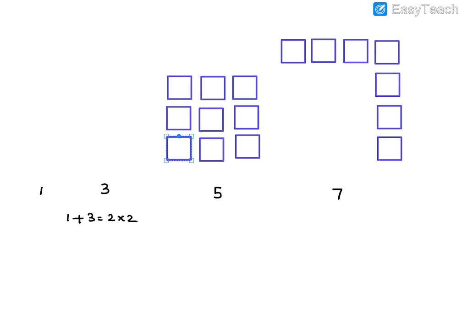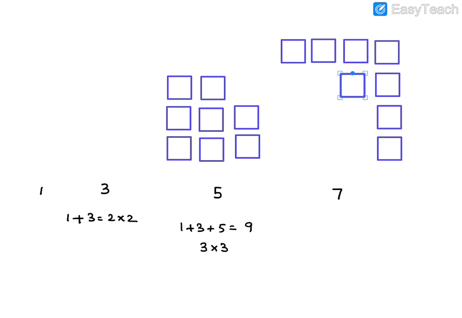So we also know that 1 plus 3 plus 5 is equal to 9, and I can also say I got a 3 by 3 square. Now you get the idea, right? Let me do one more example. I want to combine all the objects of the odd numbers 1, 3, 5 and 7. Let's see.